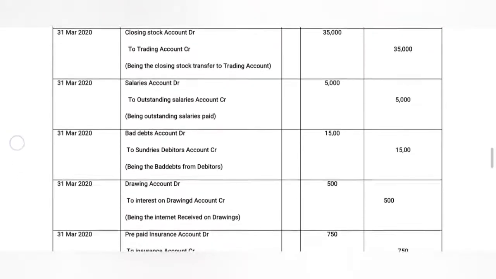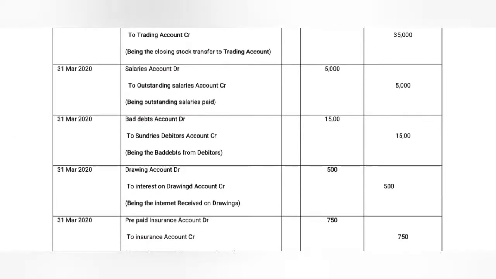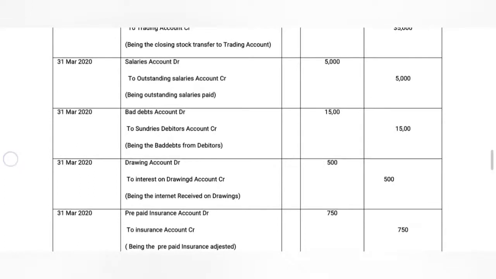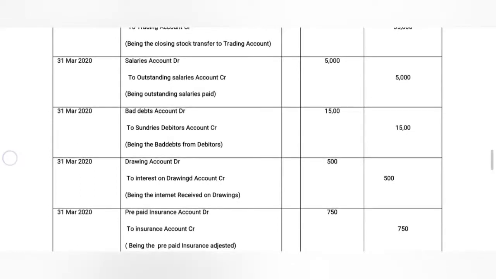Now we are coming to the second transaction, it is outstanding salaries. Salaries are related to expenditures, that's the reason we debit. And outstanding salaries are payable, so this amount is also transferred to the salaries account. That's the reason the salaries account is debit and the outstanding salaries account is credit.